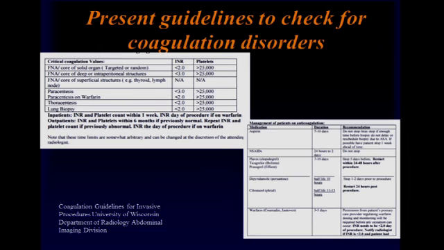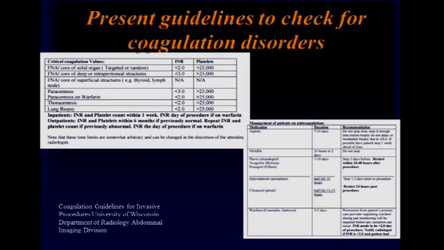Looking out for coagulation disorders also depends upon the standard of care in your own setup. We have various guidelines which have come from various institutes. One can adapt a guideline. For example, we have guidelines from the University of Wisconsin which are good. But as I said, each place can have its own guidelines.